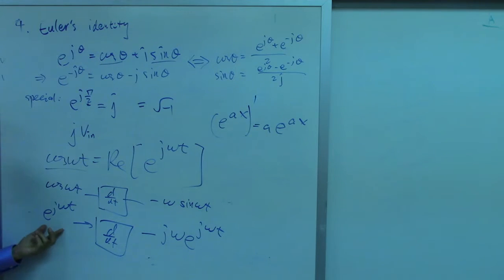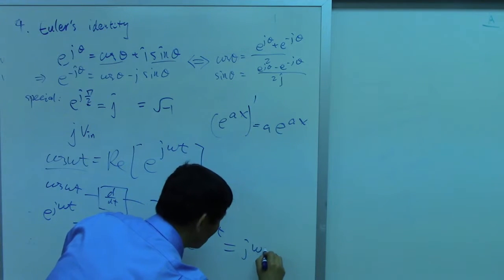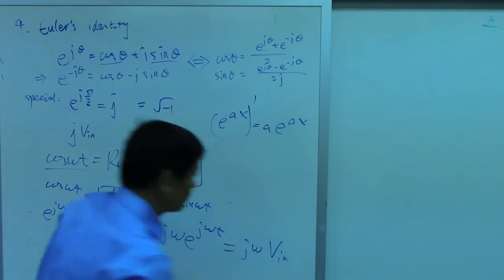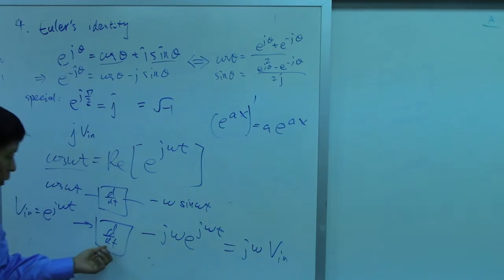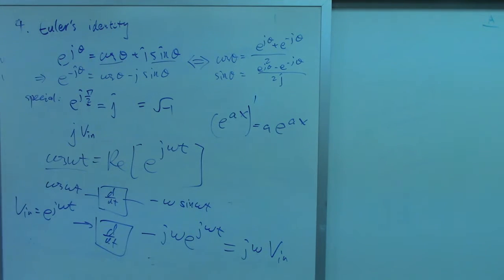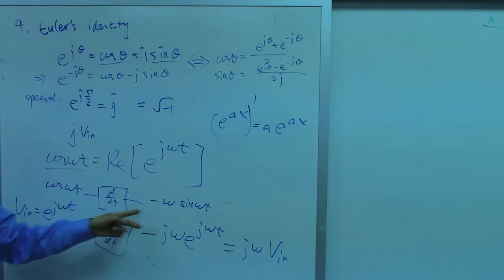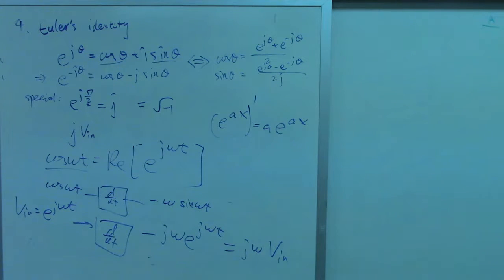Now look at this, compare this input and this output. The output equals j omega times your input. So if we represent your input with the exponential signal, then the output for this differentiator is just j omega times your input. This one is obvious, but here it is not that obvious. Cosine function differentiation equals negative omega sine omega t.